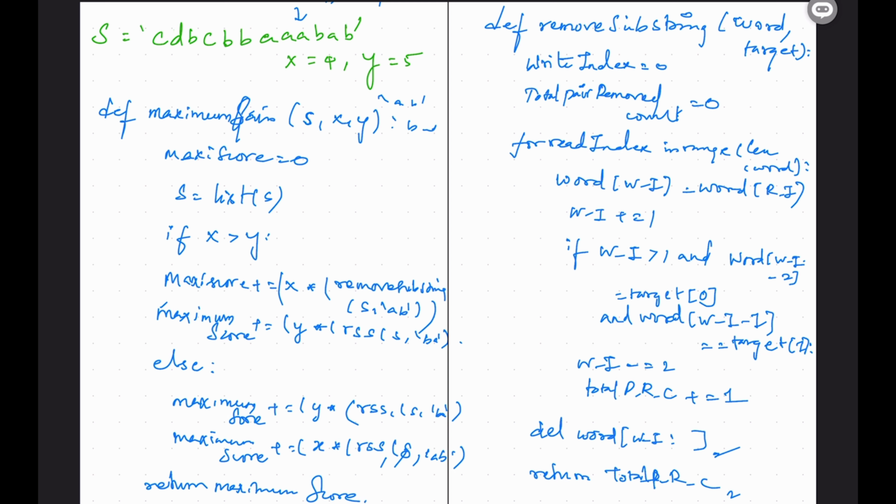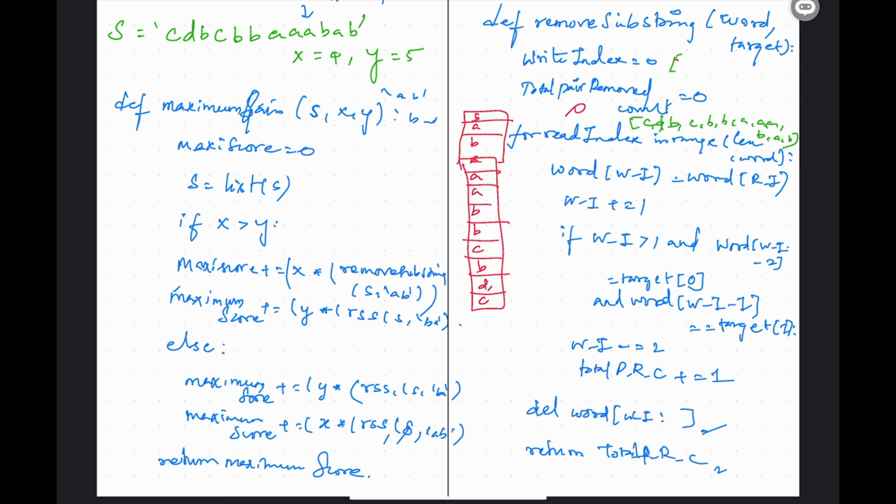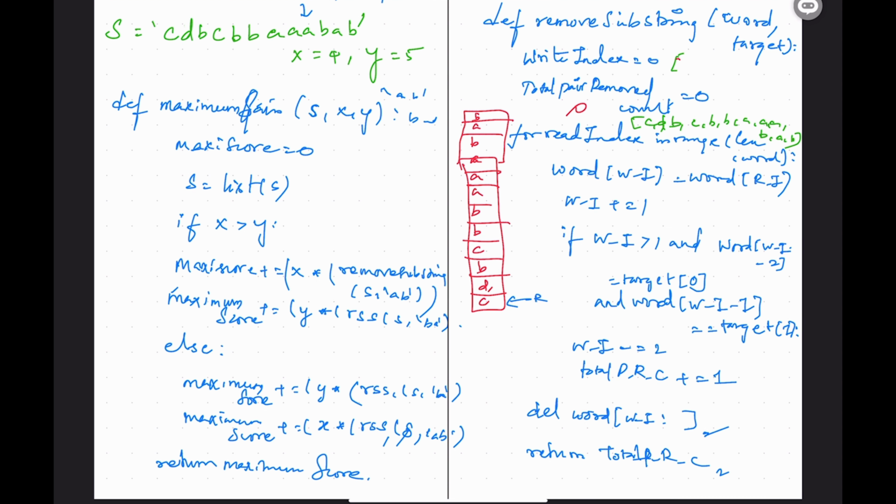Okay, now just take a look at the same example that we have given. Initially our word will be nothing but array of s. Right, now let's have the word here as c d b, c comma d comma b. Our read index and write index point at the same place until word of minus 2 and minus 1 equals target of 1 and 0.